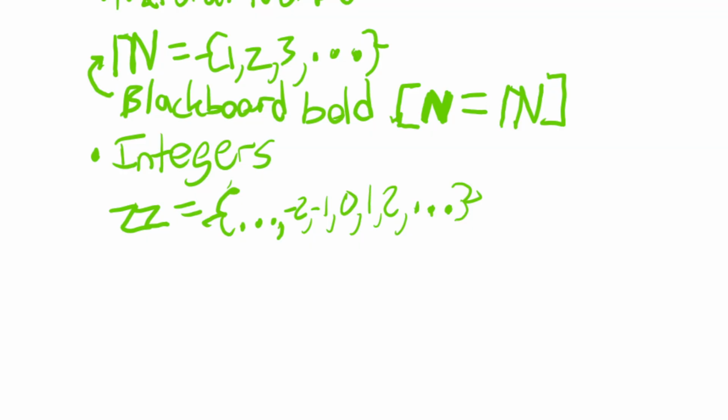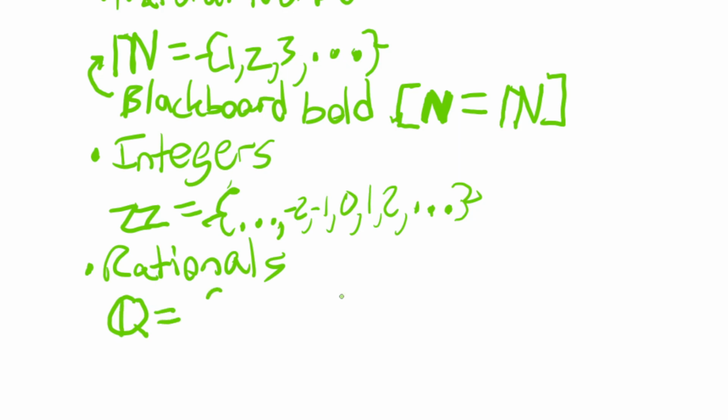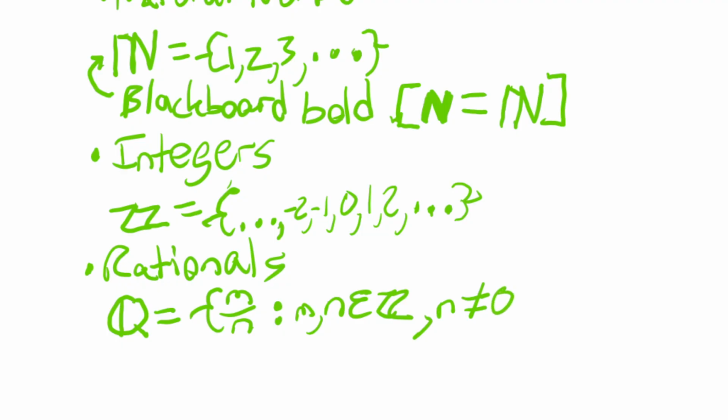So it's negative infinity to -2, -1, 0, 1, 2, so on and so forth. Those are the integers. We have rationals. This will be represented by a fancy blackboard bold Q. And this is defined by m over n, where m and n are integers and n is not equal to 0.